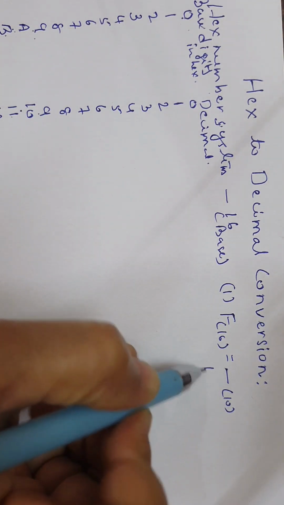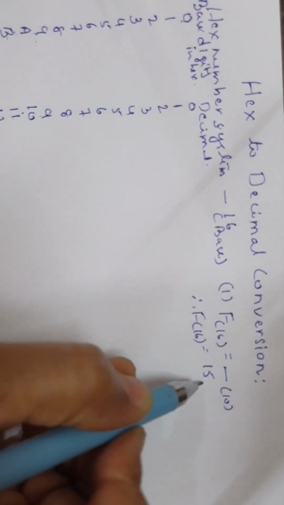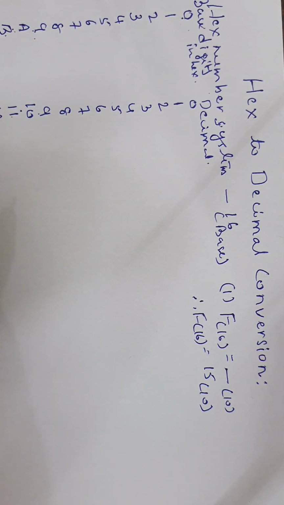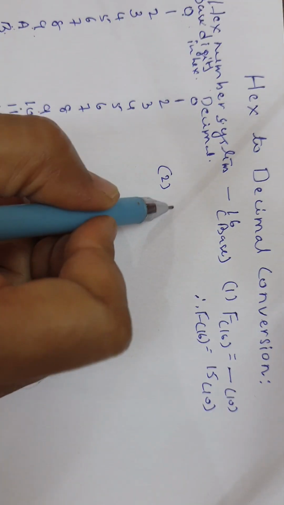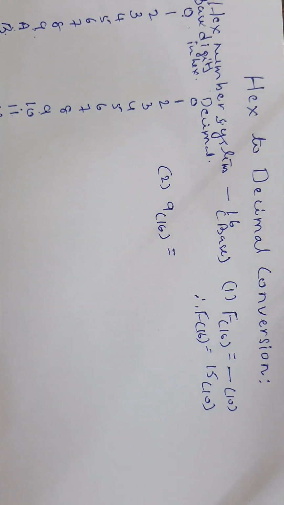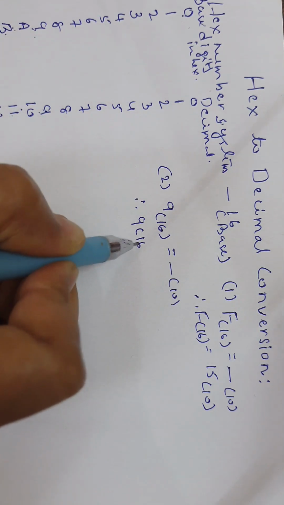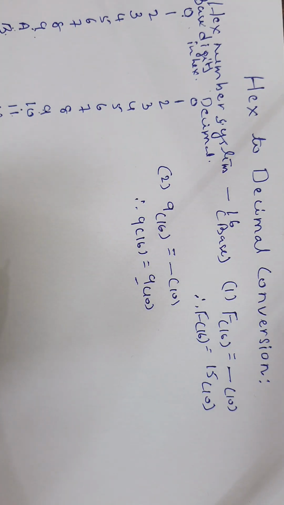So F to the base hex means its value is 15 in decimal. Similarly, for the second number, if you take 9, 9 in hex, we have already seen from the list, is the same as 9 in decimal. Hence 9 in hex is 9 in decimal only, right?